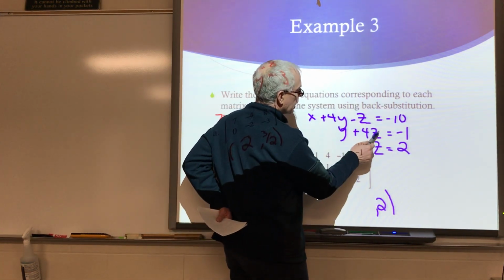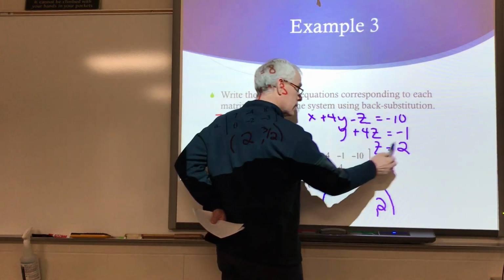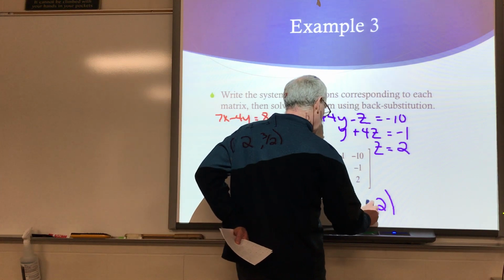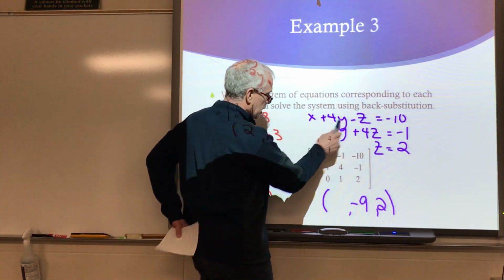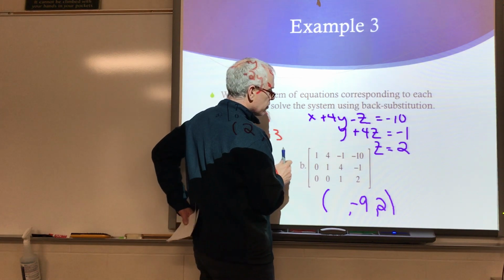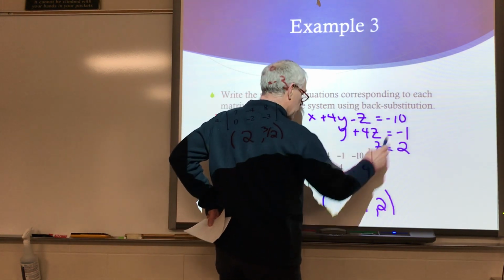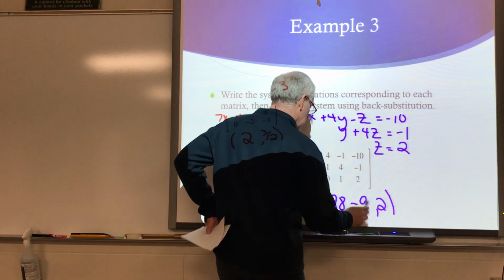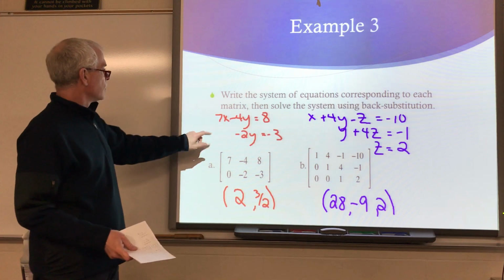If I put that 2 back in here, 4 times 2 is 8, so I got to subtract an 8. Negative 1 minus 8 is negative 9. Now I've got my y and my z, so 4 times negative 9 is negative 36. Minus 2 is negative 38, so I add 38, and I get 28, okay? So that's all they're asking you to do in that scenario.